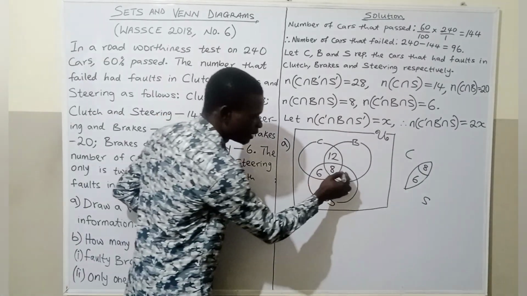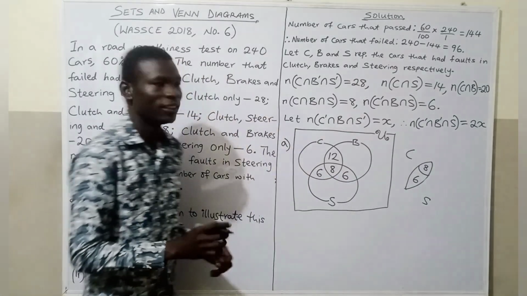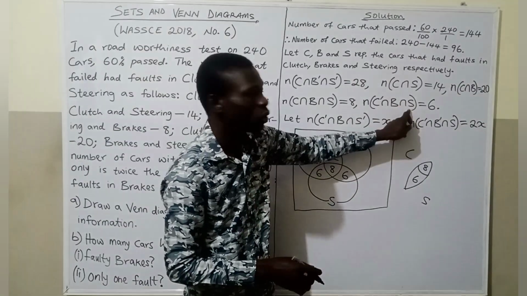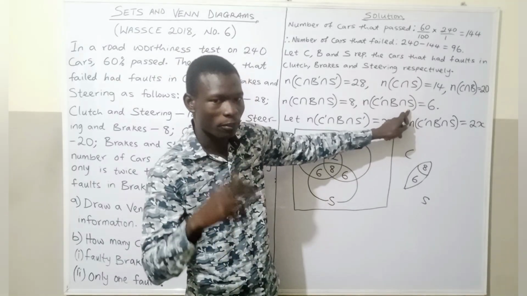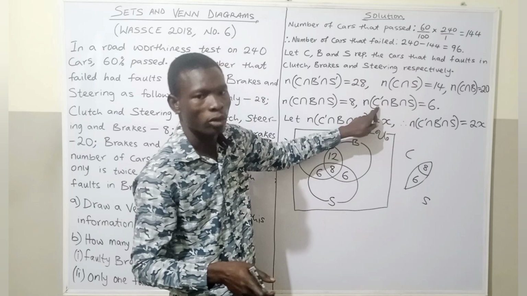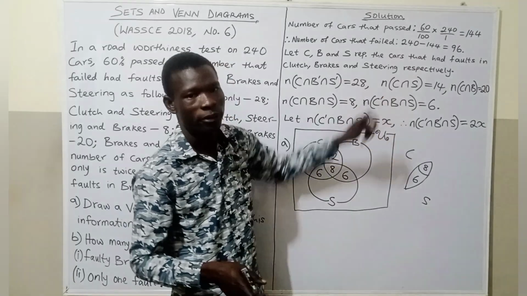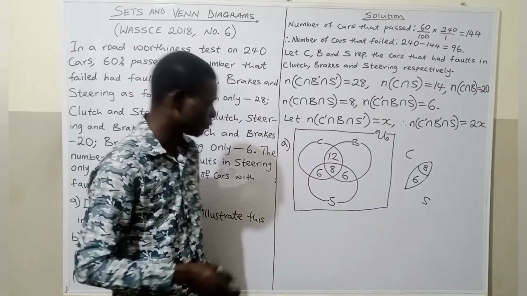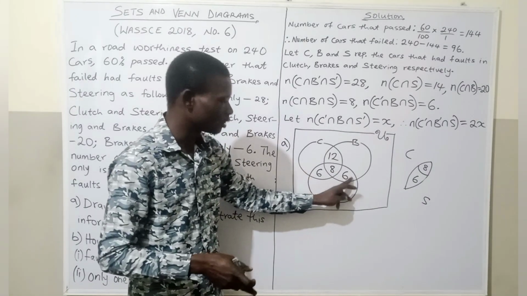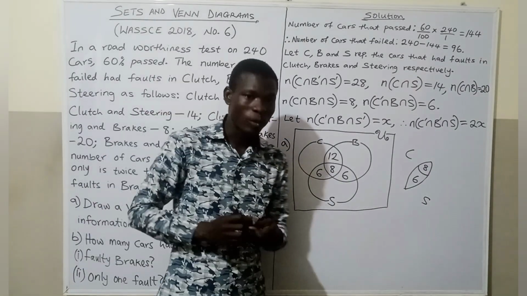So 6 goes in there directly. Even our representation tells us that it's brakes and steering only. Another word for brakes and steering only is brakes and steering but not clutch. That is why the clutch is being primed. Six of them.